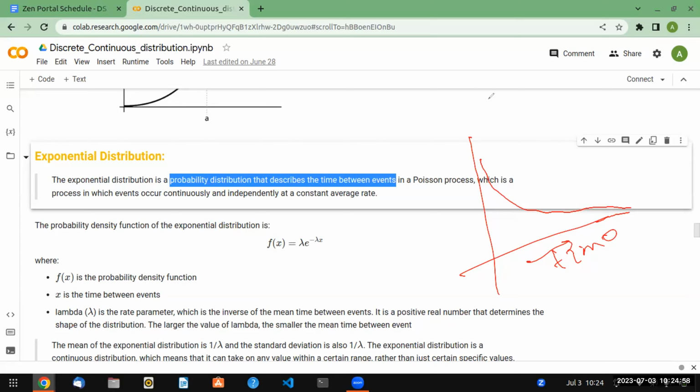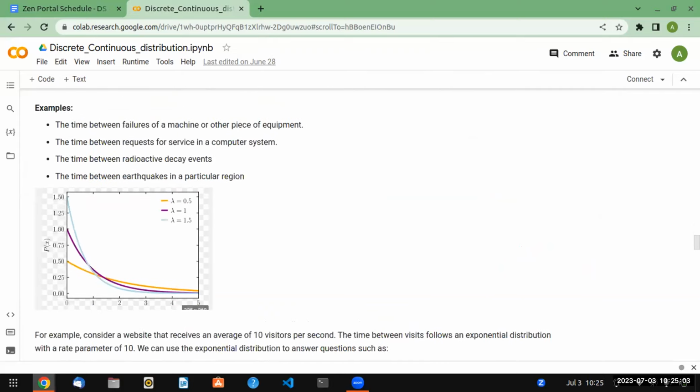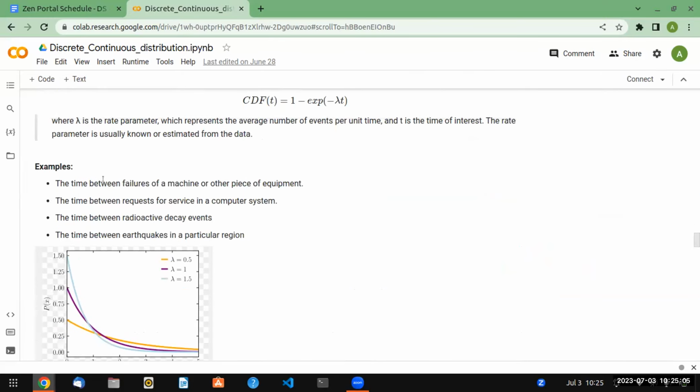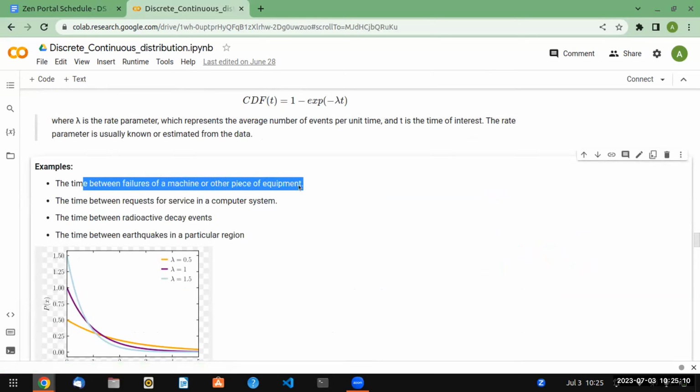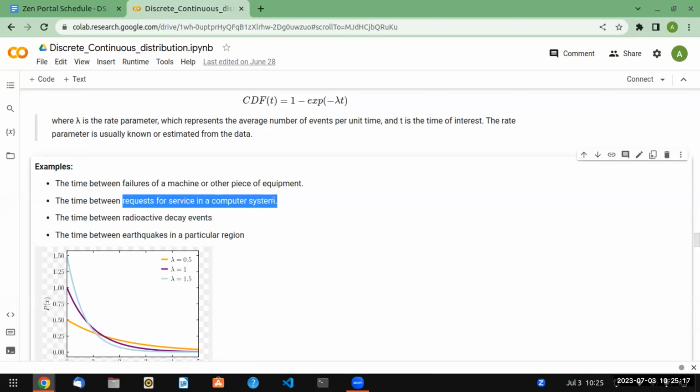There are other examples too: time between failures of a machine or other piece of equipment, time between requests for service in a computer system, time between radioactive decay, time between earthquakes in a particular region. If we plot this data, it will look something like this.